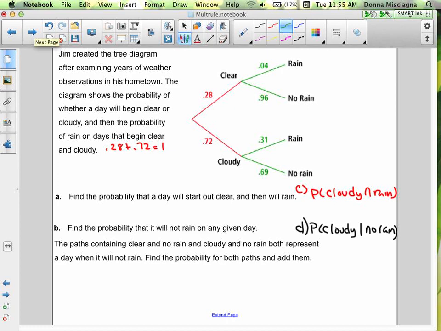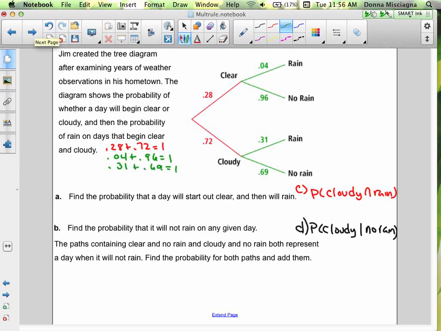Right? That's kind of the only two choices, right? Either it's raining or it's not raining. Right? So if I add rain plus not rain on that branch, they add up to 1. How about on the cloudy branch? Does it still work? If I add 0.31 plus 0.69, they add up to 1.